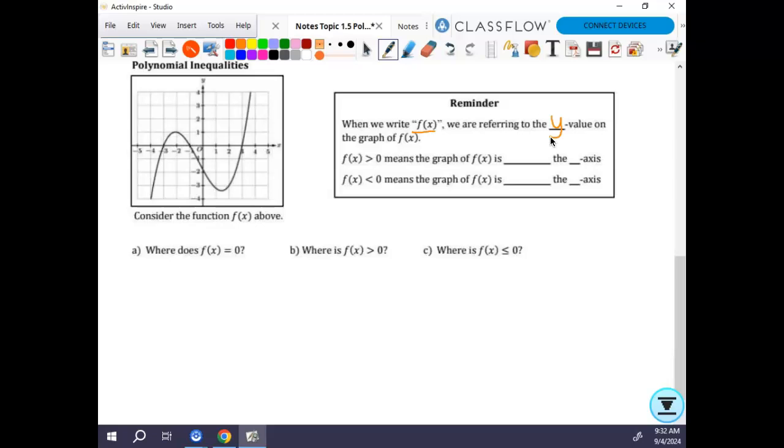So if I say f of x is greater than 0, that's like where is the function positive? That means the graph is above the x-axis because that's where your positive y values are, right? If f of x is less than 0, then the graph is below the x-axis because that's when the y's are negative.